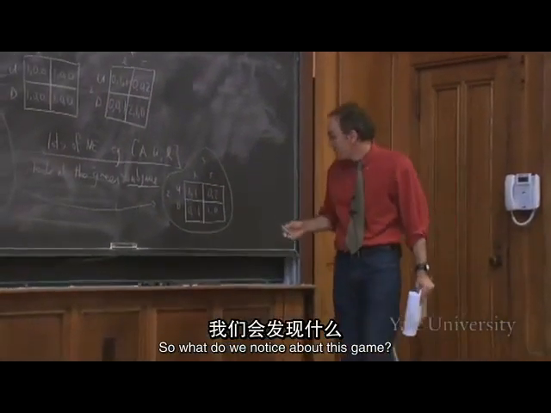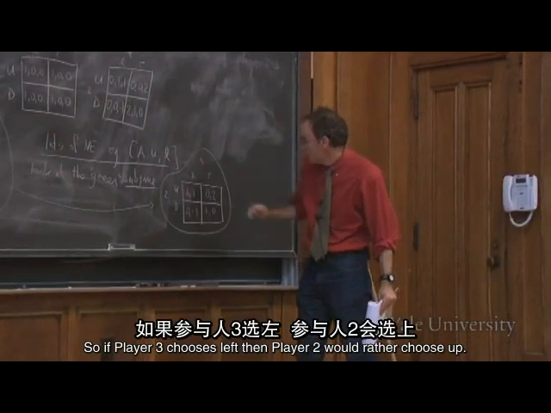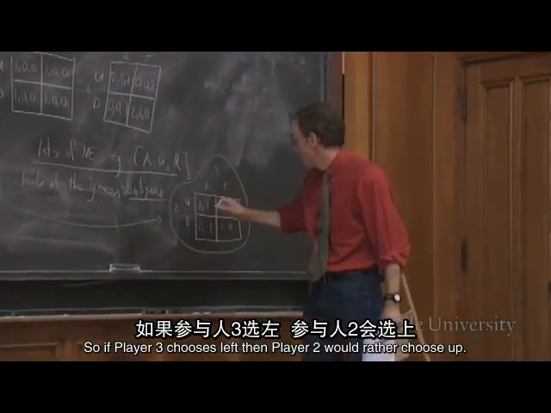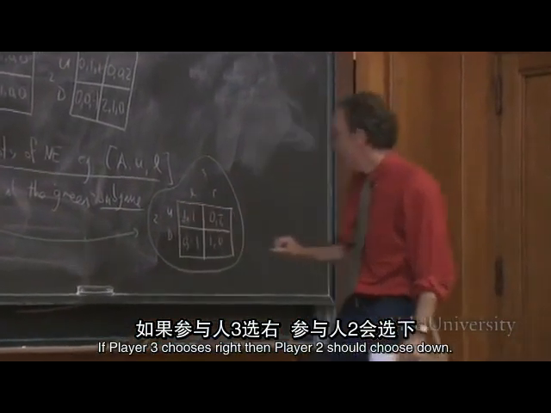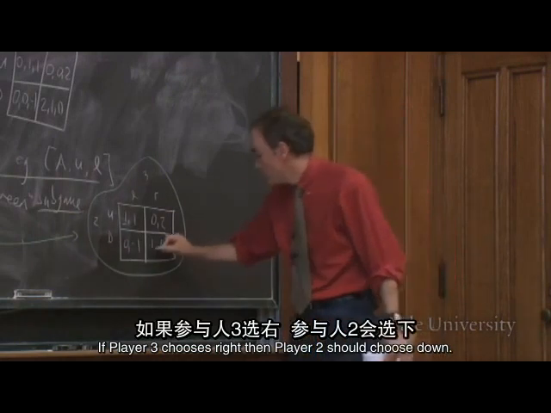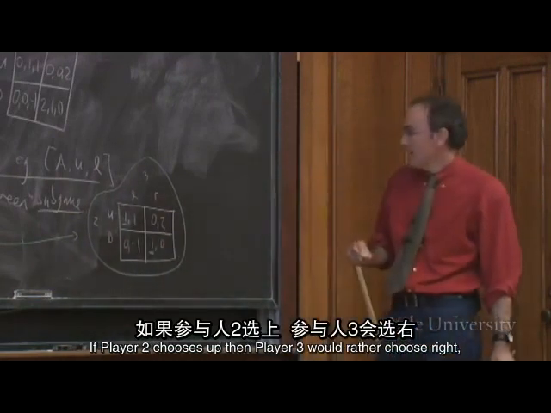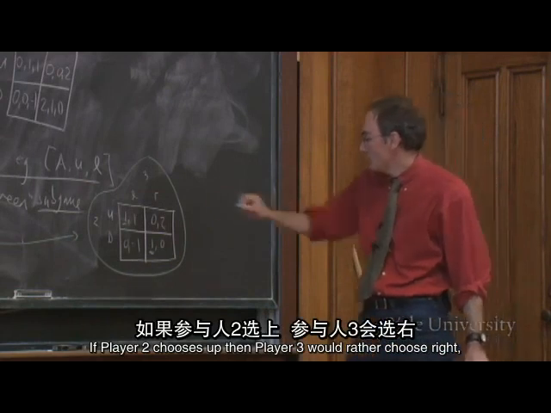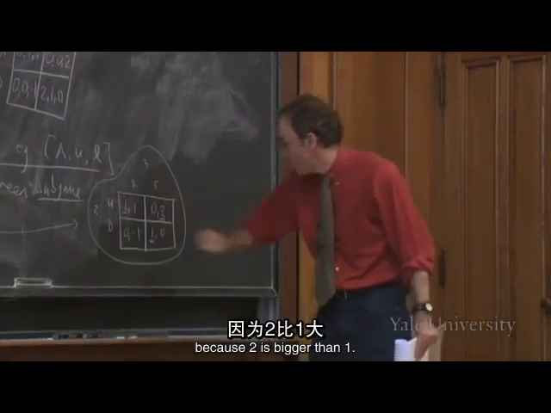So what do we notice about this game? If player 3 chooses left, then player 2 would rather choose up. If player 3 chooses right, then player 2 should choose down. If player 2 chooses up, then player 3 would rather choose right, because 2 is bigger than 1.